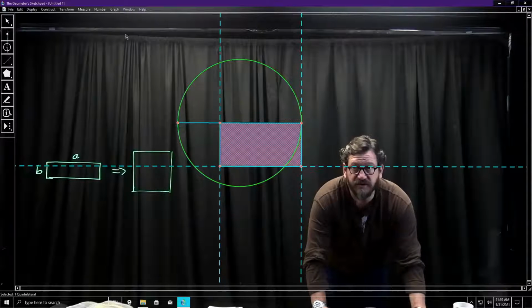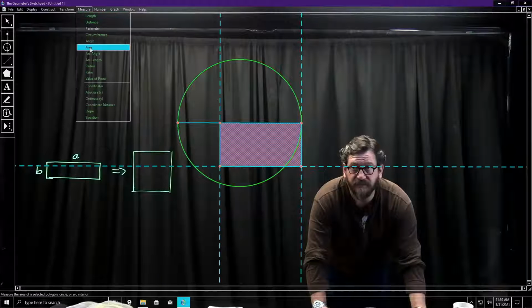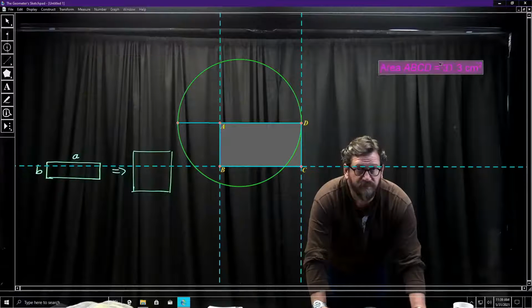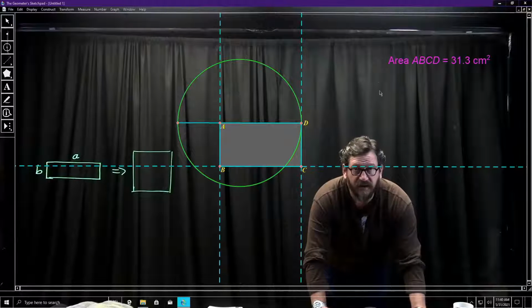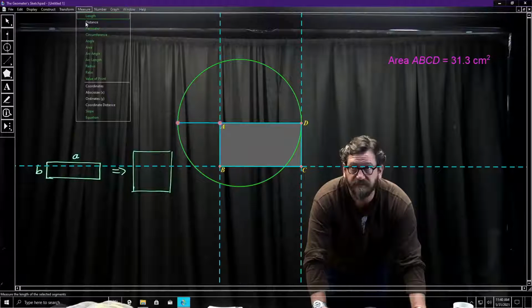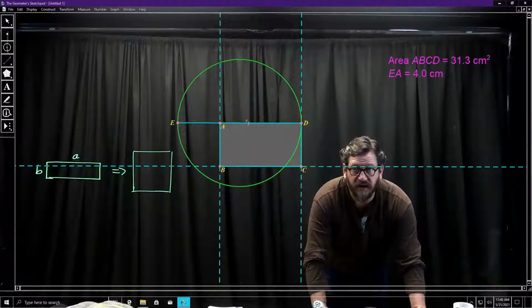I'm going to measure this area. And there we go. Now, this area I claim is the same as this distance from here to here. I will measure that, and I'm going to measure the distance from A to D.